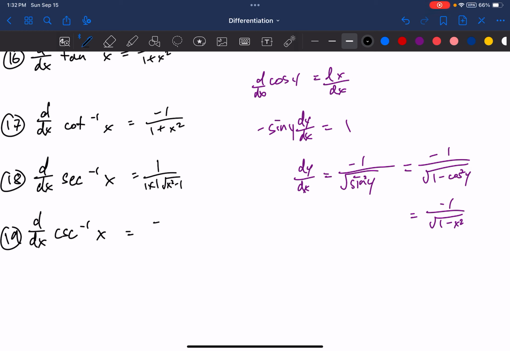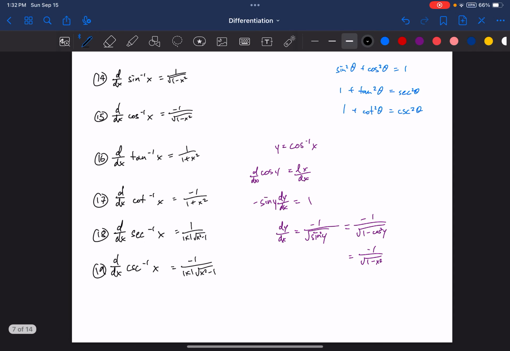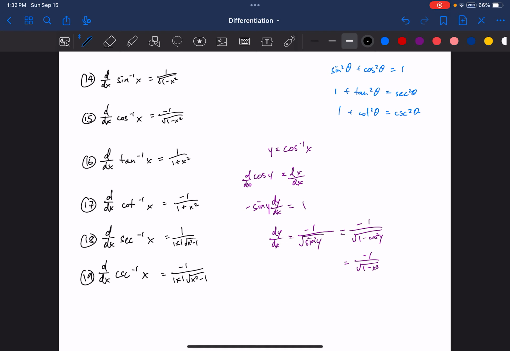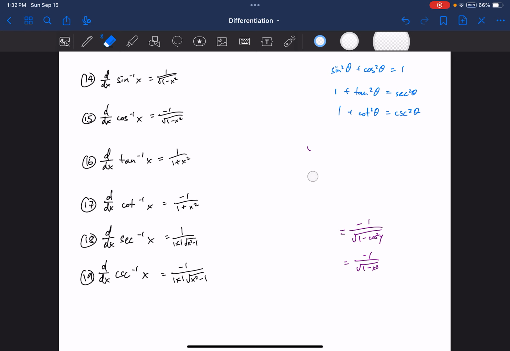And then this is negative 1 over absolute value of x, root x squared minus 1. You can continue to prove arccotangent x or arccosecant x, but I already did 4 of them, so you should be able to do the rest of them, I think.